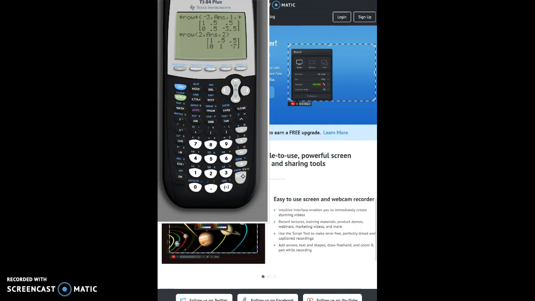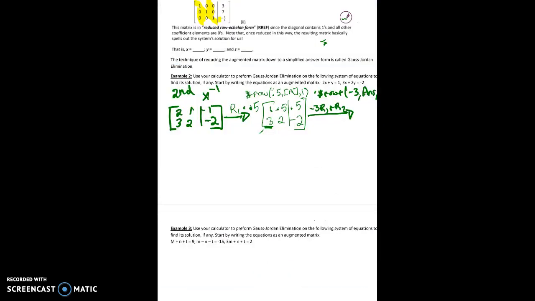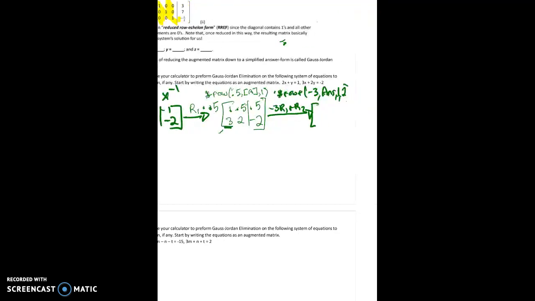So let's write that down in our notes really quick. Okay, so I didn't write down my original answer, but I can do that really quick. So we got 1, 0.5. That still didn't change. And this one became 0.5, -3.5. And then we just multiplied row 2 by 2.